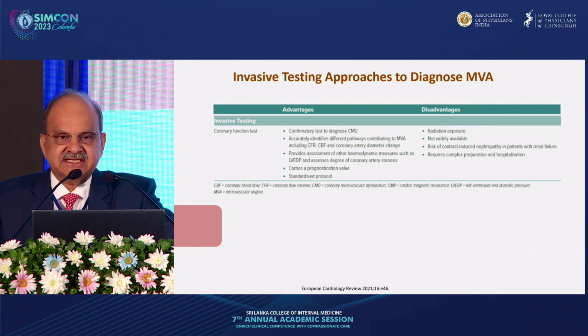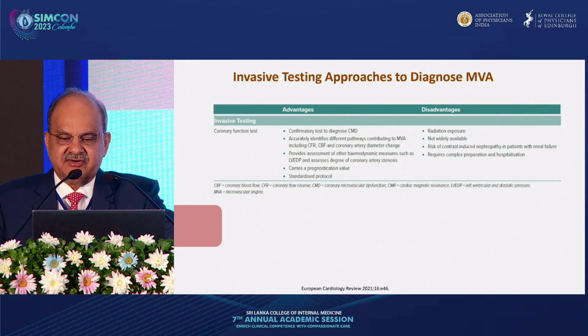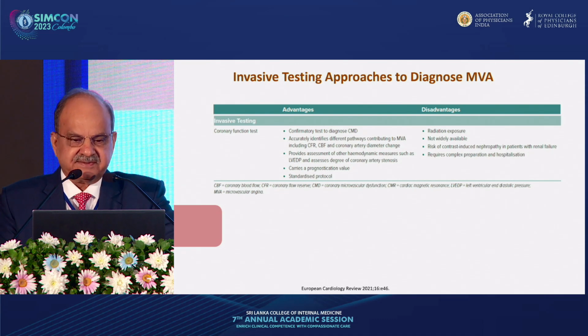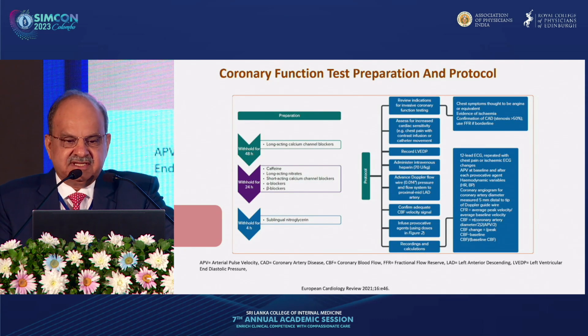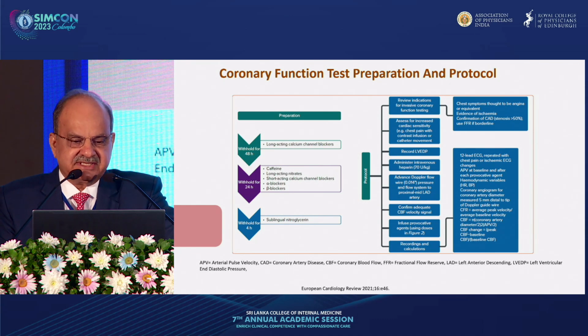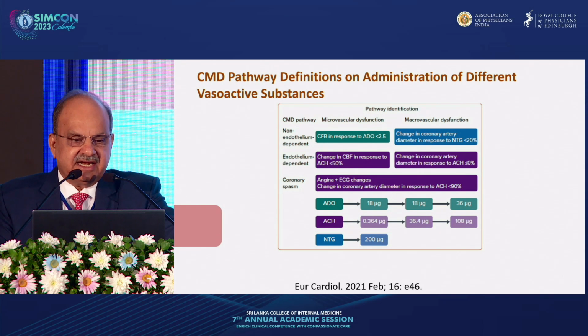But the disadvantages are radiation exposure, not widely available, risk of contrast-induced nephropathy in patients with renal failure, and it requires complete preparation and hospitalization of the patient. This is the coronary function test preparation and protocol, which is done in a higher cardiac center.